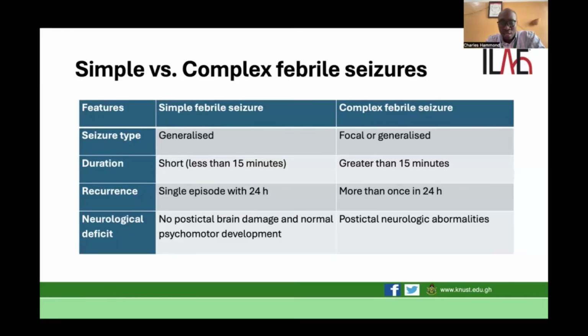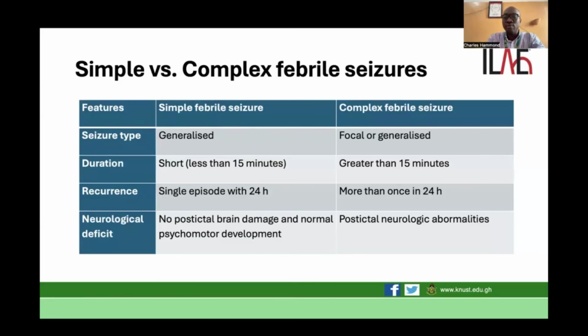As compared to the complex febrile seizure, which may present as focal or generalized, and then they tend to have prolonged duration more than 15 minutes, and then they may have more than one episode in a 24-hour period or within the same febrile illness.